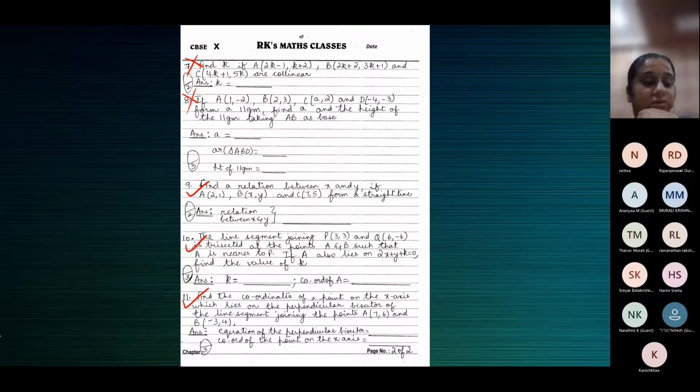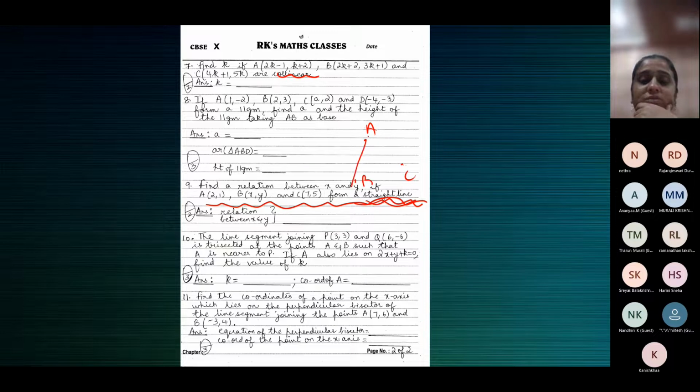Children, I must make a correction because here it's not given about equidistant. I just mistook the question. This is if A, B, C form a straight line, again collinear, similar to this one. If it were 3 points A, B, C such that A is equidistant from B and C, then you can find the relation.